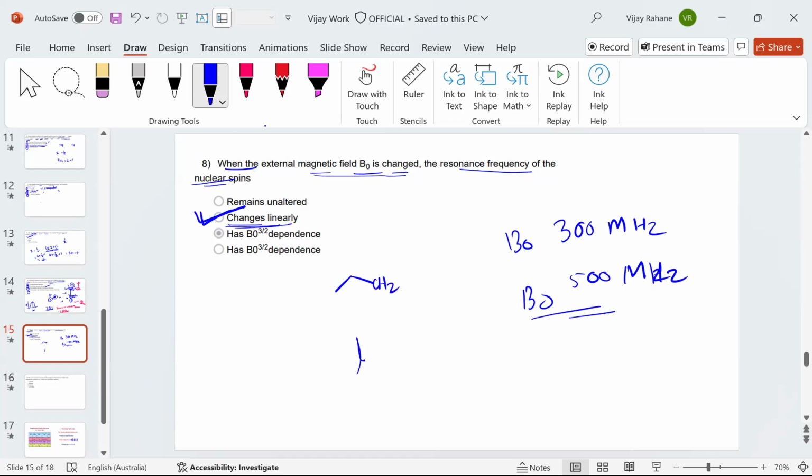Let's say we have CH2Br, and here also we have CH2, right? Let's consider only this CH2. It has three different types of protons, right?